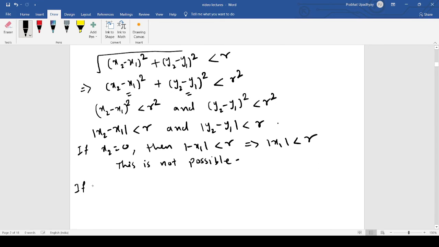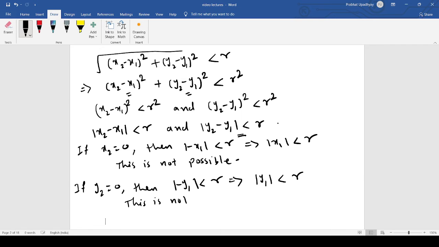Now similarly, if y2 is equal to 0, what will you get? From here you will get mod of minus y1 is strictly less than r. And you can say this will imply mod y1 is strictly less than r. Again, this is not possible. Why is it not possible? Because for the same reason, your r is the minimum of mod x1 and mod y1, it can be less than or equal to mod x1 and mod y1, but it cannot be greater than mod x1 or mod y1.